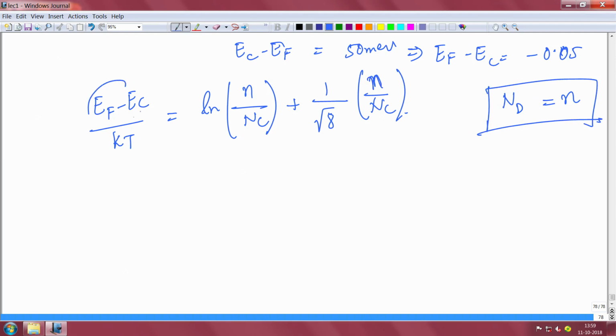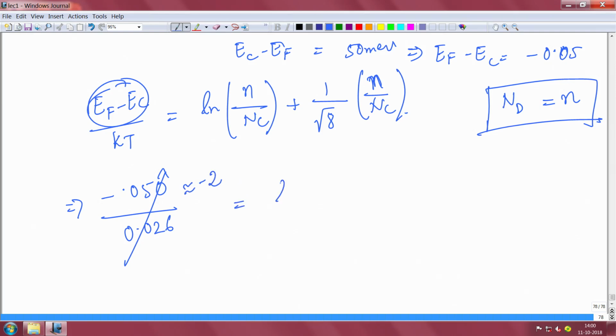Now this quantity I can write as minus 0.050, and kT at room temperature is 0.026. So this is roughly around minus 2, not exactly but close to minus 2. This is equal to log of n by Nc plus 1 by square root of 8 n by Nc.